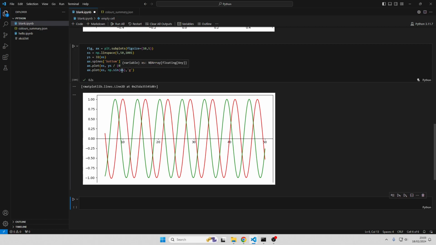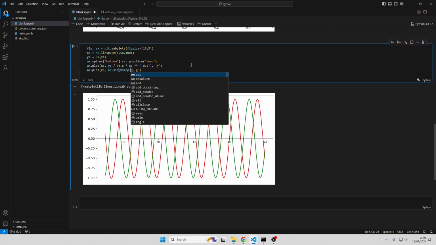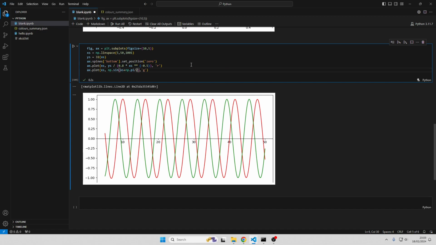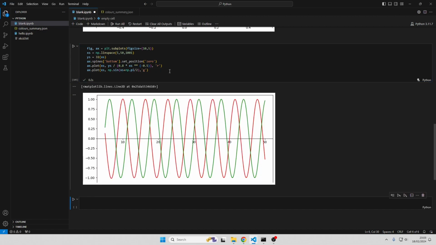So we try and shift our sine function here. We shifted it by pi over 2, which is like 1.5. So that seems to be too much.